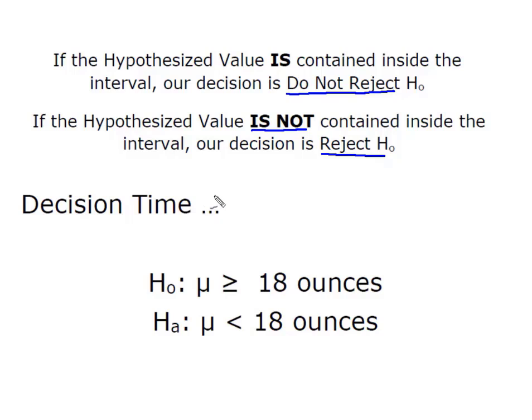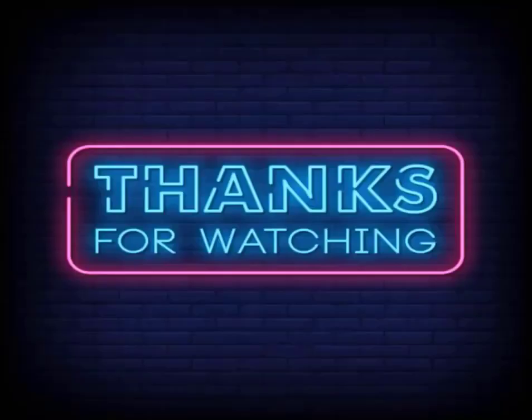For the situation we had, our hypothesized value was inside of the interval. We will not reject H0. There is insufficient evidence to support her claim that these cereal boxes actually weigh less than 18 ounces. As always, I hope that you found this useful, and thanks for watching.